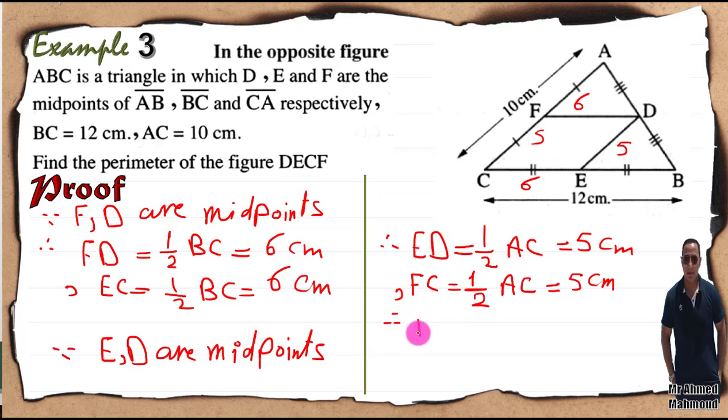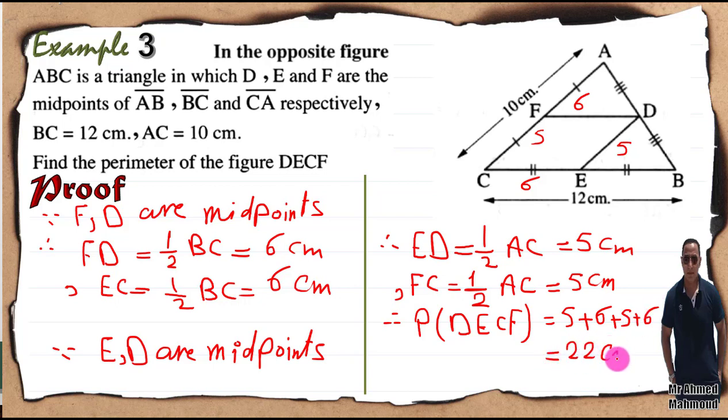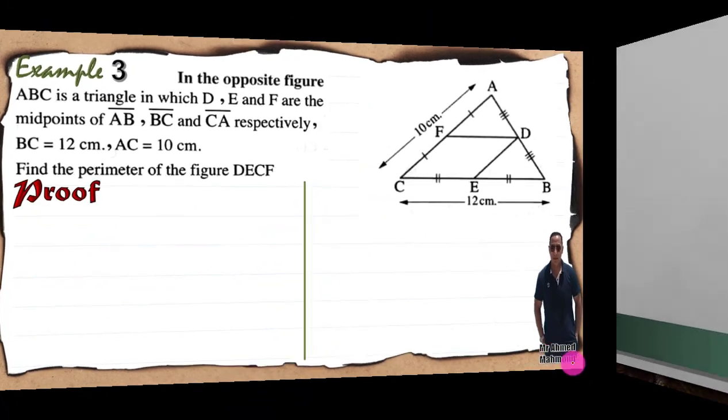Therefore, the perimeter of the shape DECF equals 5 plus 6 plus 5 plus 6 equals 22 centimeters.